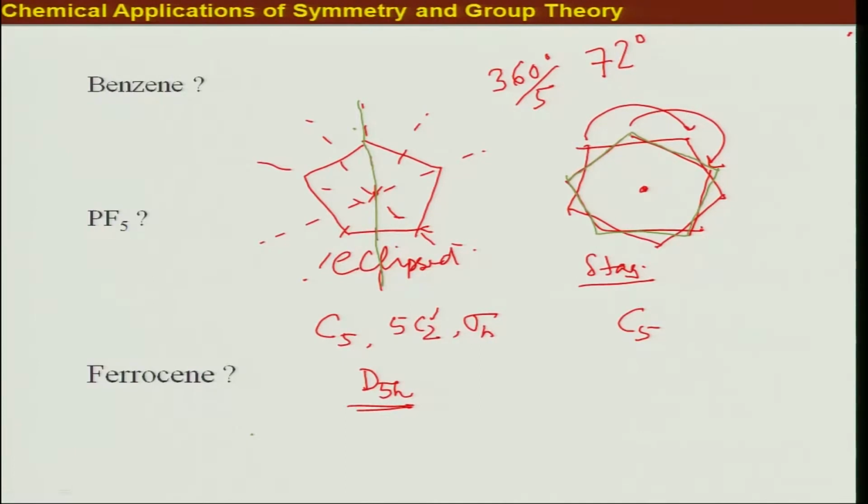Now, what will happen after performing a C2 type of rotation along an axis which is similar to this? Here also, this top green part will now go to the bottom, and this red part which was at the bottom will come up here.